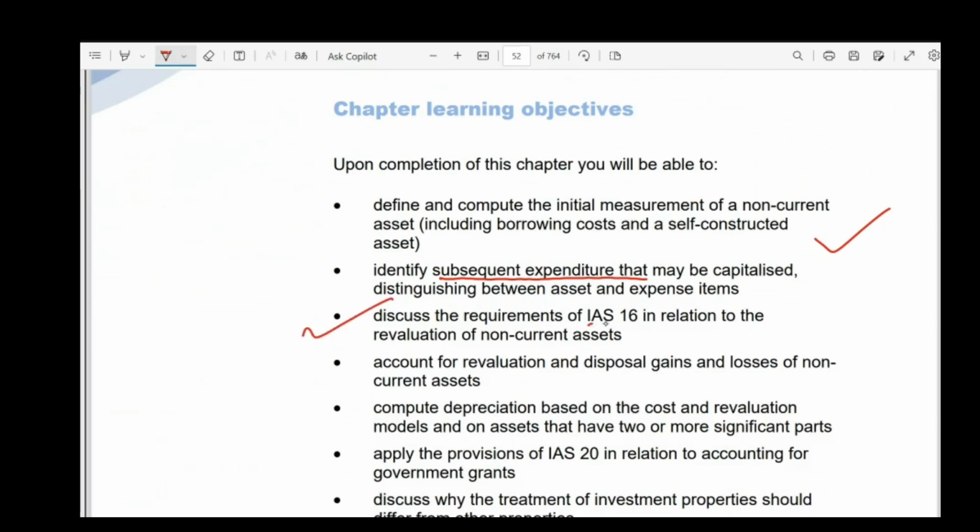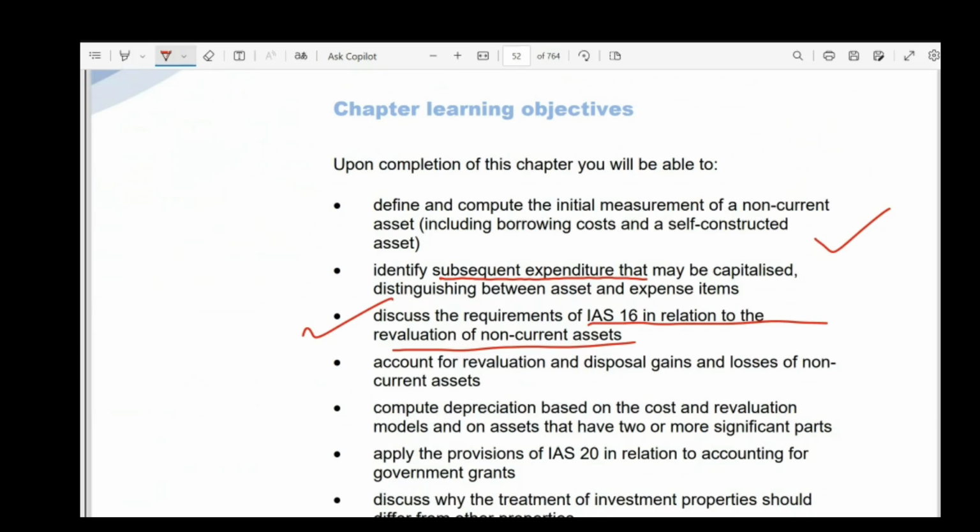Then we discuss the requirements of IAS 16 in relation to the revaluation of non-current assets. Revaluation will be a new term for you if you are in the F7 paper for the first time. Revaluation means every year you reconsider the value of the asset, whether it has increased or decreased, due to inflation or something happening in the country or overall environment.